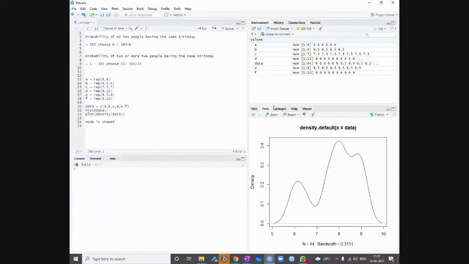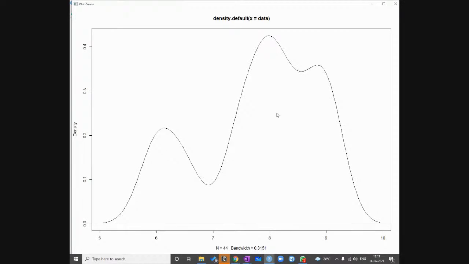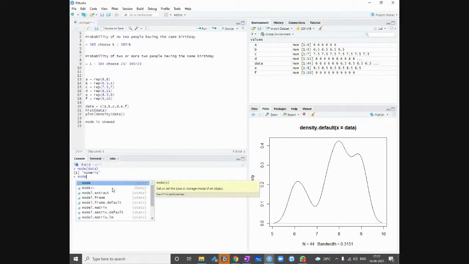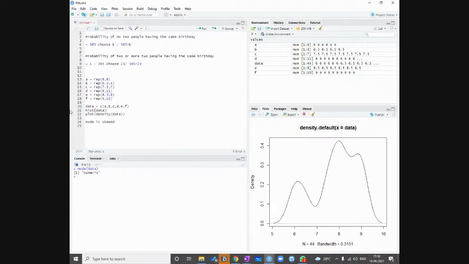So tell me, what do you think is a good estimate now? Can we search for the mode of the data? Yes, mode we can understand from here.